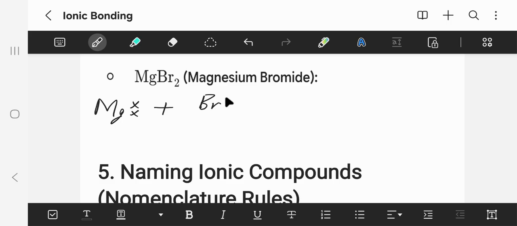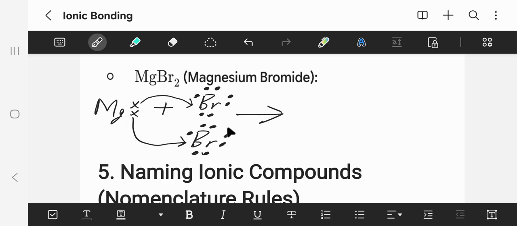So here I would have the first bromine, and it would initially have 7 electrons, and then it will gain that 1 electron from what? Magnesium, and that means magnesium would be left with 1 electron. That's why we need another bromine to receive the remaining electron.